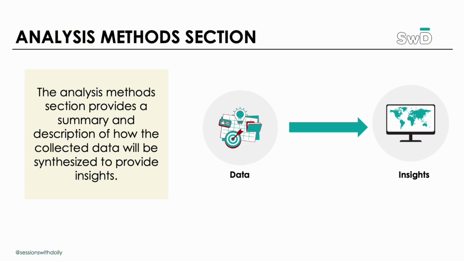Because you're not writing the proposal for yourself but for someone else, the section needs to be written in such a way that a reader can visualize your thought process. Even if they might not know how to analyze data, they should at least get an idea of how the process will be conducted. This will help them understand the insights you will provide from the analysis.